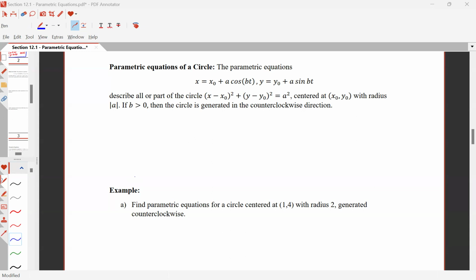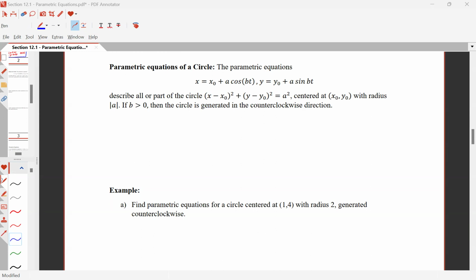Well, if we have x equals x naught plus a cosine bt and y equals y naught plus a sine bt, this is going to be the circle (x minus x naught) squared plus (y minus y naught) squared equals a squared, centered at (x naught, y naught), and has a radius of the absolute value of a.